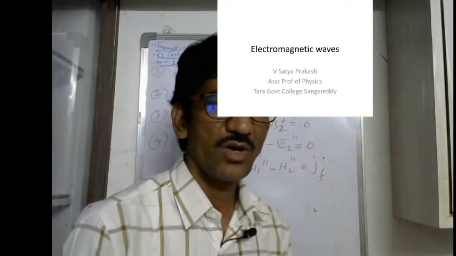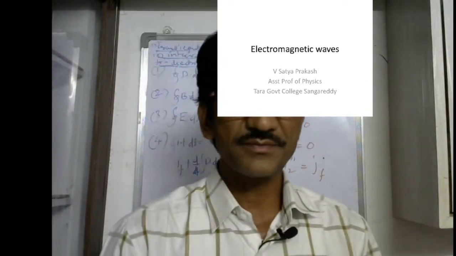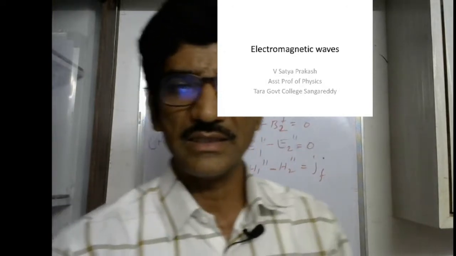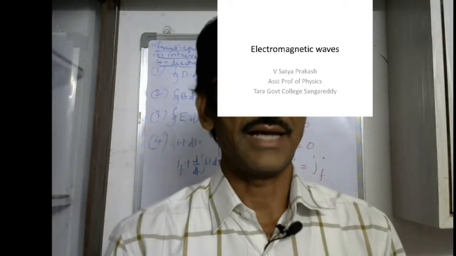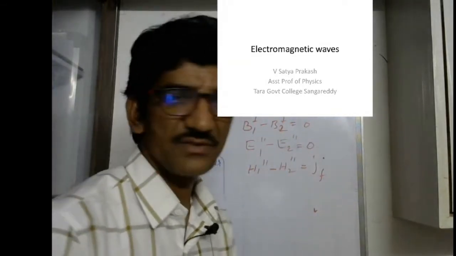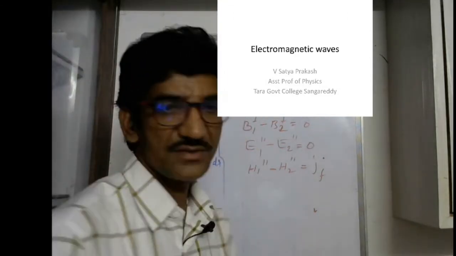Hello, welcome to all. In the previous lecture, we studied the boundary conditions on D, B, E, and H magnetic fields, the four different physical quantities involved in the Maxwell's equations.